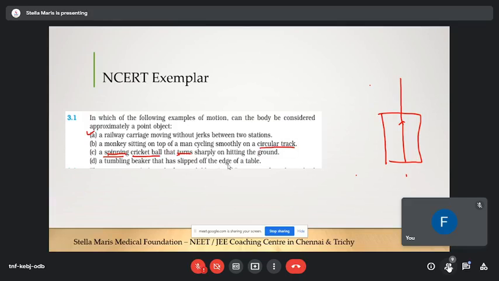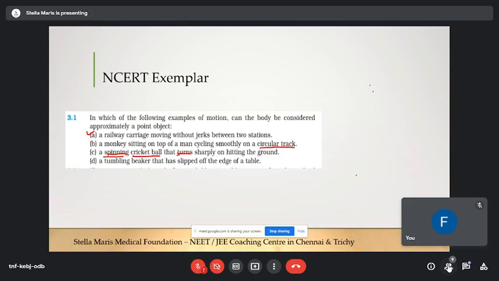Okay, but the object is a beaker, right? Yes, sir. So the beaker has slipped off the edge of a table, right? Yes, sir. It falls down to the ground, right? Okay, it falls just like that, sir, in a straight manner.